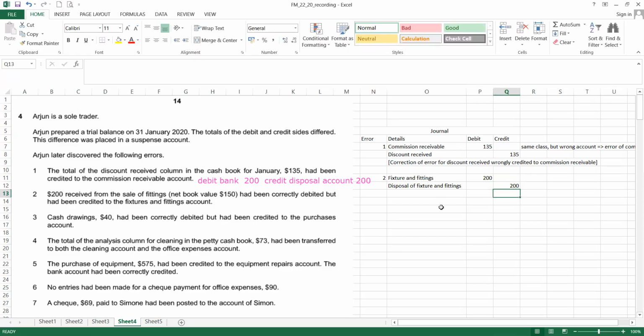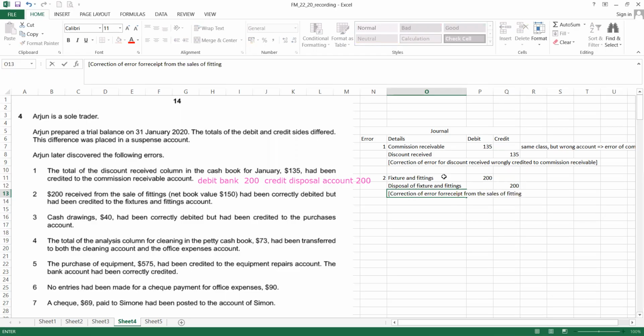Okay. Next, you need to do the reason: correction of error for receipt from the sales of fitting. So this is the reason that we put.